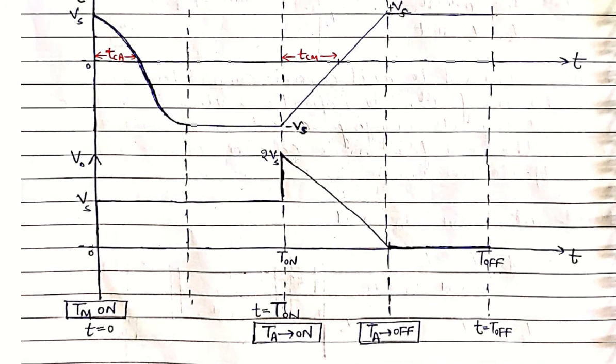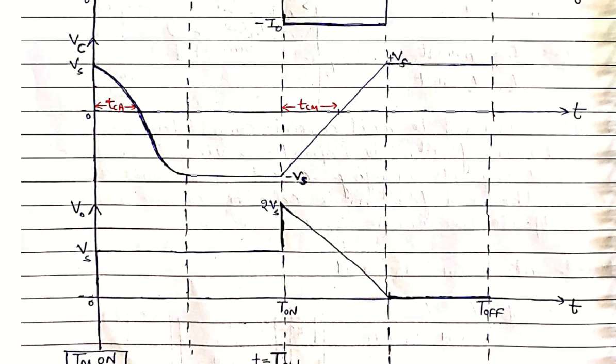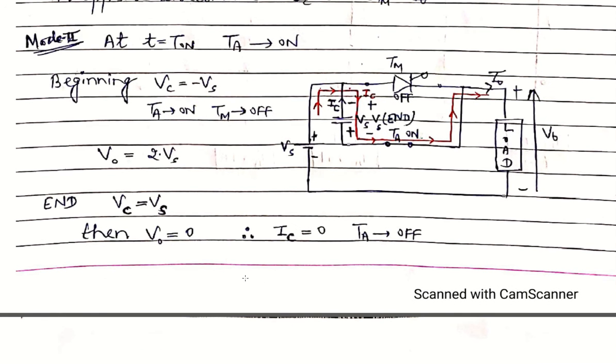And what is the output voltage? When the auxiliary thyristor is on, it will be 2Vs. So this Vs voltage now goes up to 2Vs, and we will see further why this output voltage becomes 0 at the end of the second mode. So see, when Vc equals Vs at the end of this second mode, the charging current will be 0 and the auxiliary thyristor will be in off condition.